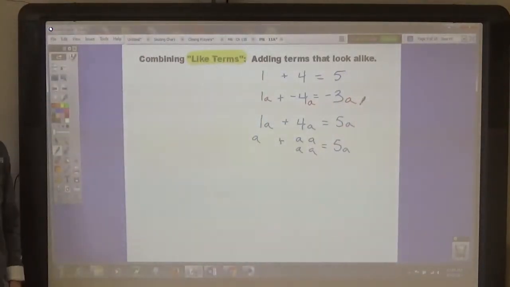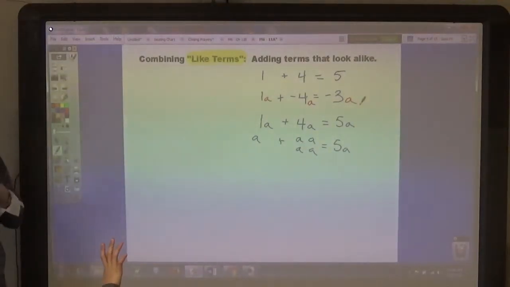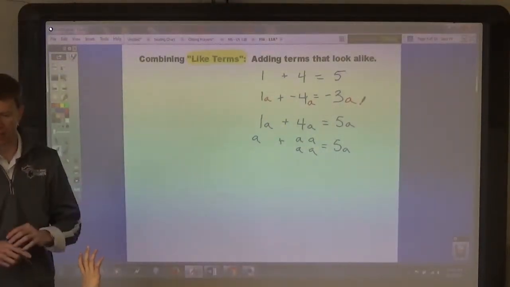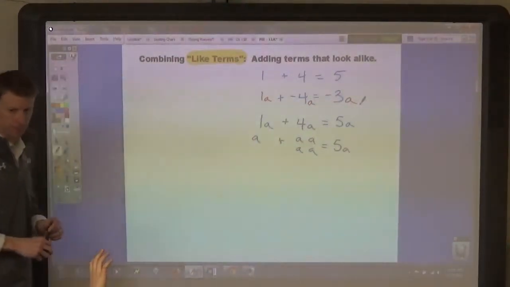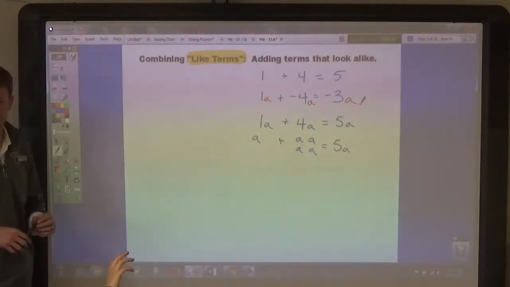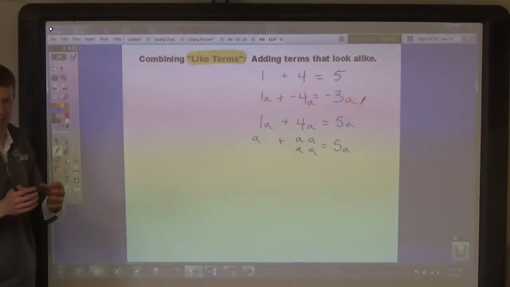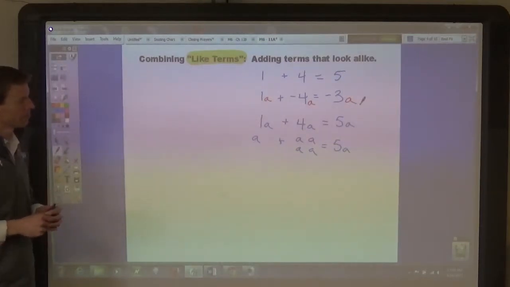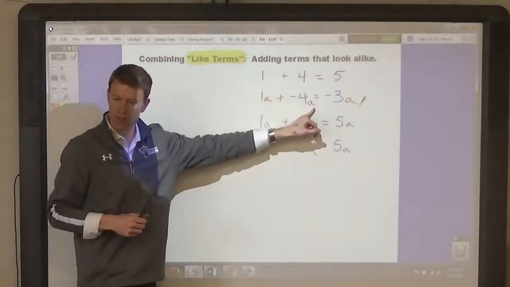That's what we're talking about when we're combining like terms. Sometimes they're positive and negative when you add them. And you can only add them when they look exactly alike. Now I'm going to give you some examples of terms that are not like terms, terms that you cannot add together. As long as they're the same letter, they're like terms.